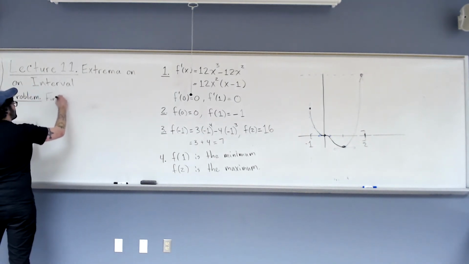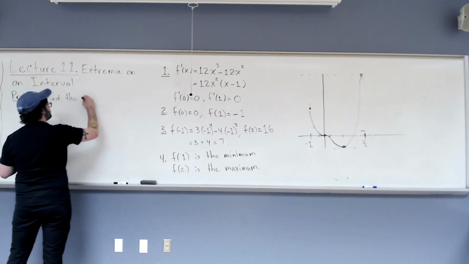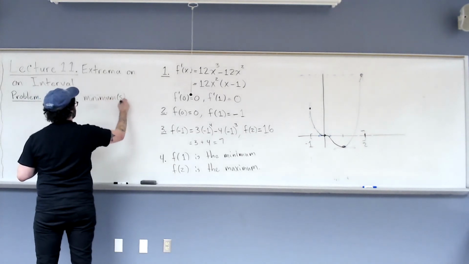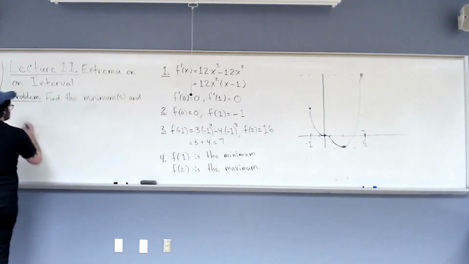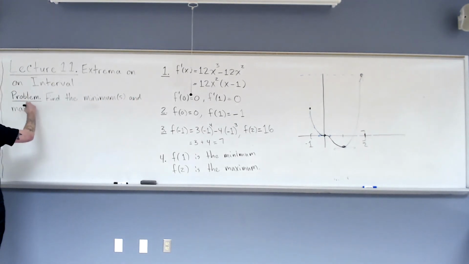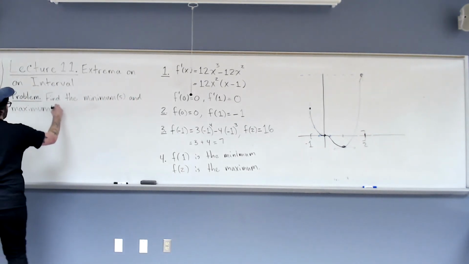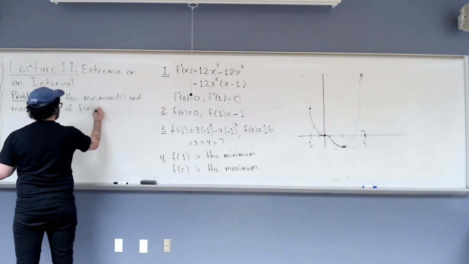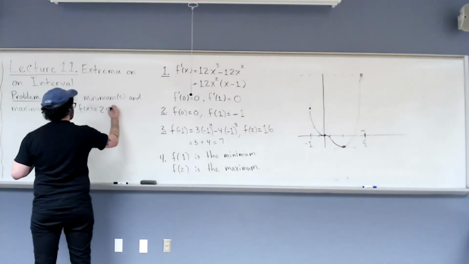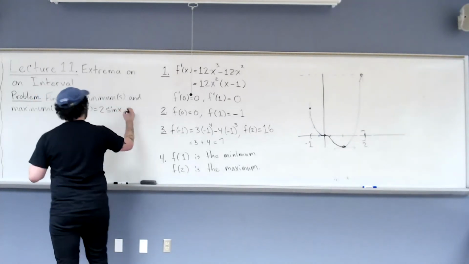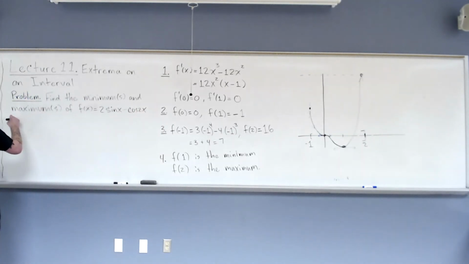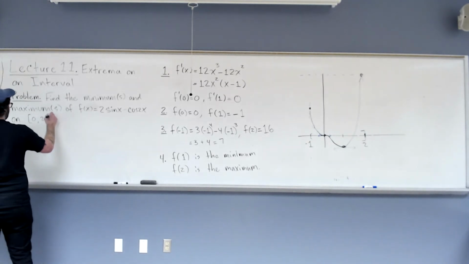Find the minimum and maximums of f of x equals 2 sine x minus cosine 2x on 0, 2 pi.